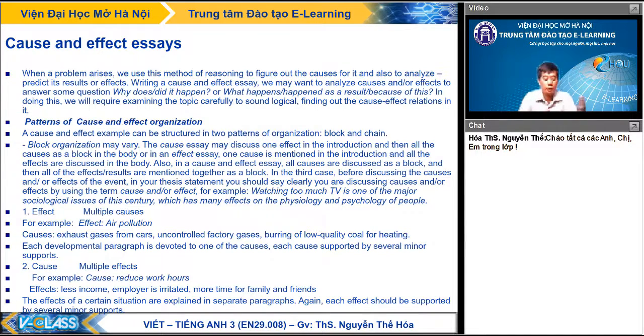And also in writing a cause and effect essay, we may have several kinds of patterns. We also have a block pattern, a block organization. The block organization may vary. It means that we may have several ways to write the essay in the kinds of blocks.